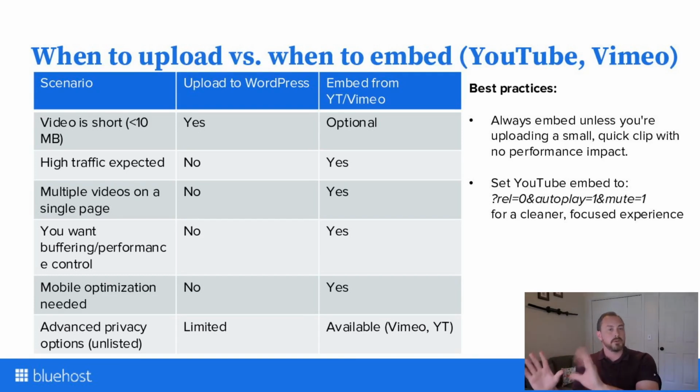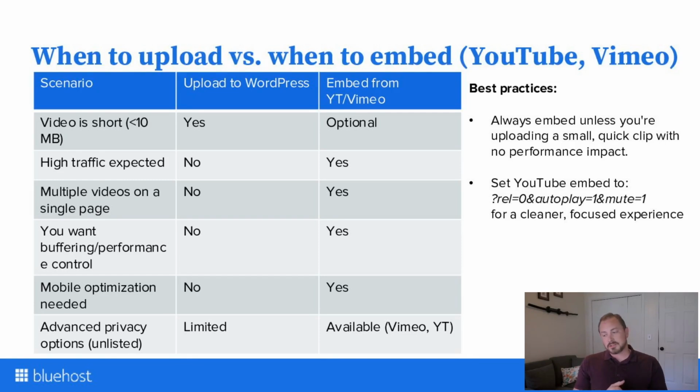Whereas if you embed those, then YouTube takes the load of somebody watching a video, and your website only has to be the conduit through which that video goes, but it's not stored on your site. It's not using your bandwidth. It's all happening outside of that. So that's why I say 99% of the time, you want to embed all of your videos instead of uploading them directly to WordPress. But there are a few times when I think it's okay.